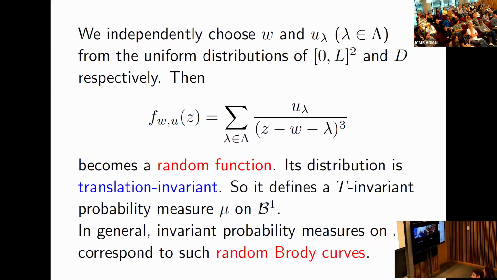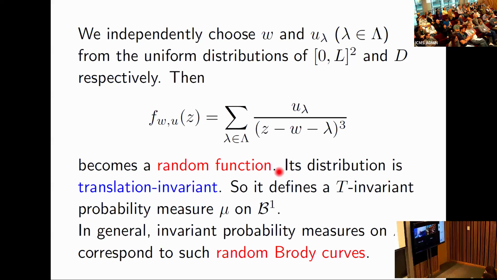Now independently choose the parameters w and u uniformly from the uniform distribution on this square and the unit disk D. In other words, these parameters are random variables. Then these functions are random meromorphic functions, and they are all Brody curves.